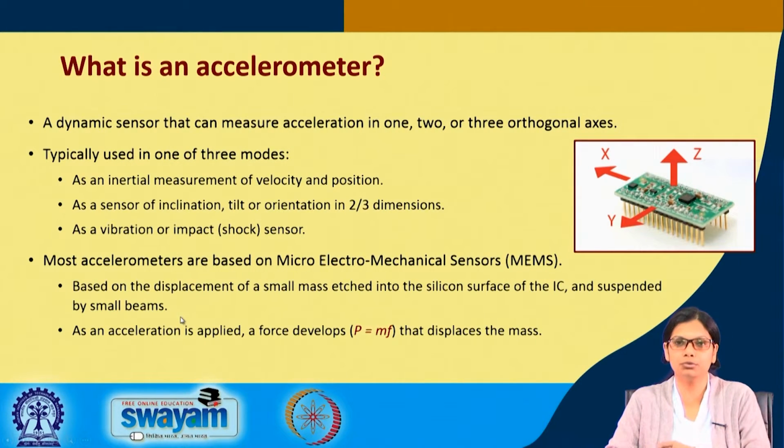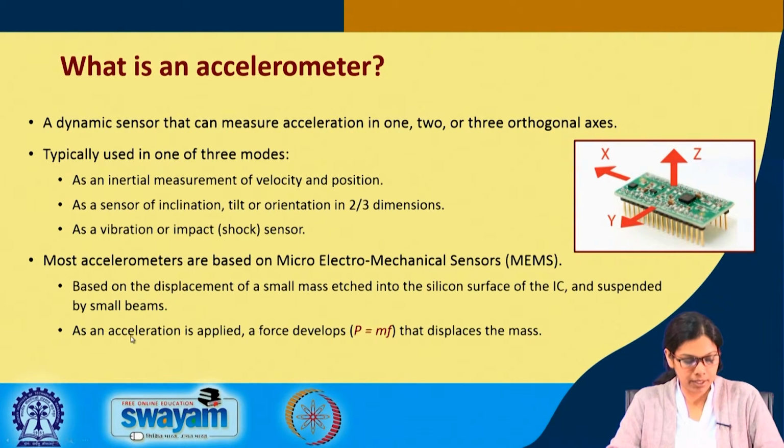We will look into it further when we show the diagram; it will be more clear. As an acceleration is applied, a force is developed. We know that force equals mass into acceleration, which displaces the mass. So, this is the general concept of acceleration.